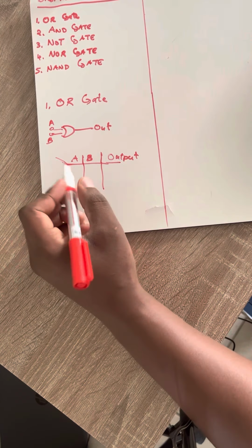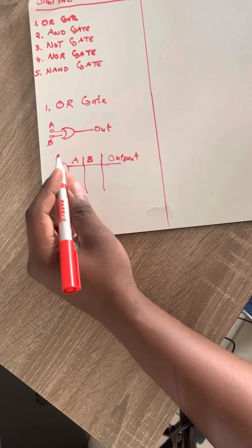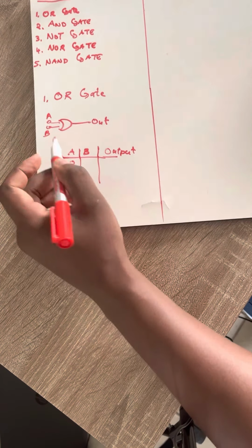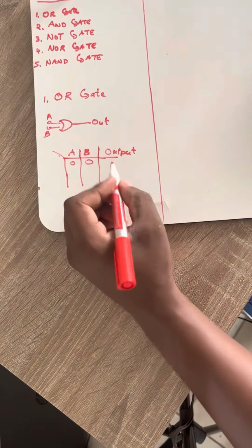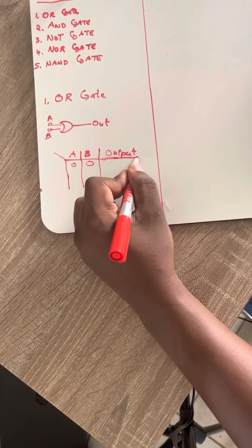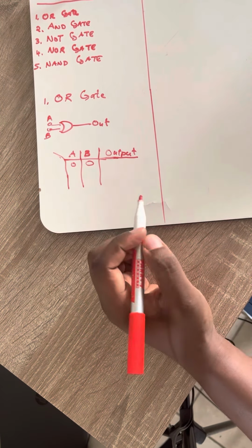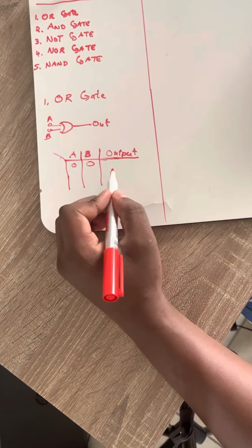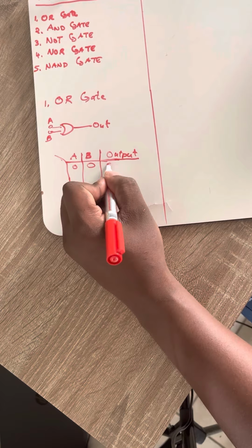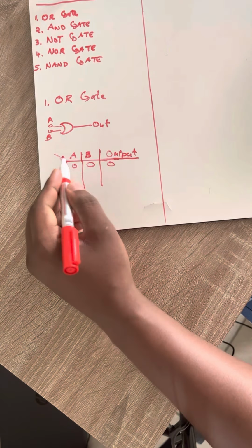So what will be our first input? Let's say 0. If we input 0 on A and 0 on B, what will be our output? These are fundamental rules that we are outlining now. So our output here will be 0. We will have nothing because there's nothing in.